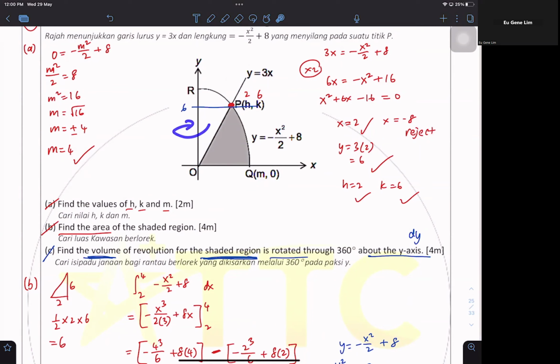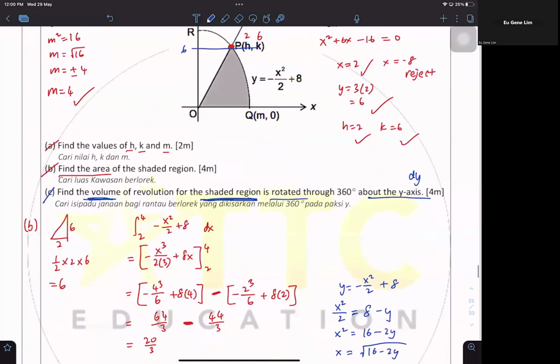Then what does it become? If the white color triangle rotates around the y-axis, it will become a cone, right? A cone, very good. An inverted cone, upside down cone. It becomes like this.